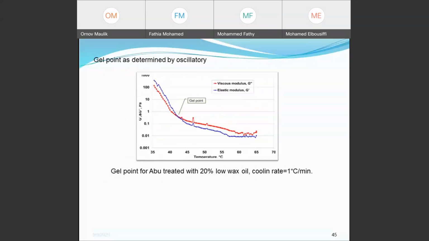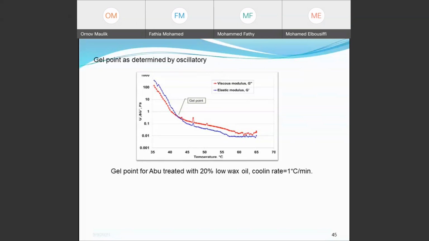Here is the gel point as determined by the oscillatory technique. The gel point test is conducted by fixing a small stress. Of course, we choose the small stress when we determine the linear viscoelastic region before we go to this test, which leads to measuring the changes of elastic modulus and viscous modulus, as Dr. Ornov explained in the first session, and gives more valuable information about these properties.